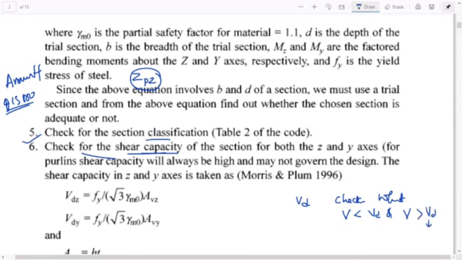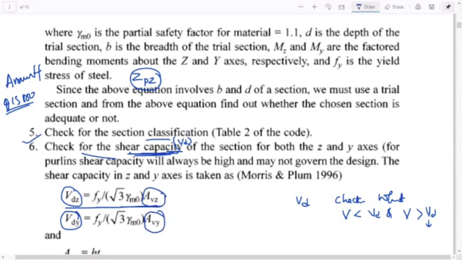This Vd is nothing but shear capacity. This same thing has been done in our beam design in Unit 2 also. But here we have to check the shear capacity about both the z and y axis. Therefore, we are going to have Vdz and Vdy. Okay. The only thing is the area that changes here.